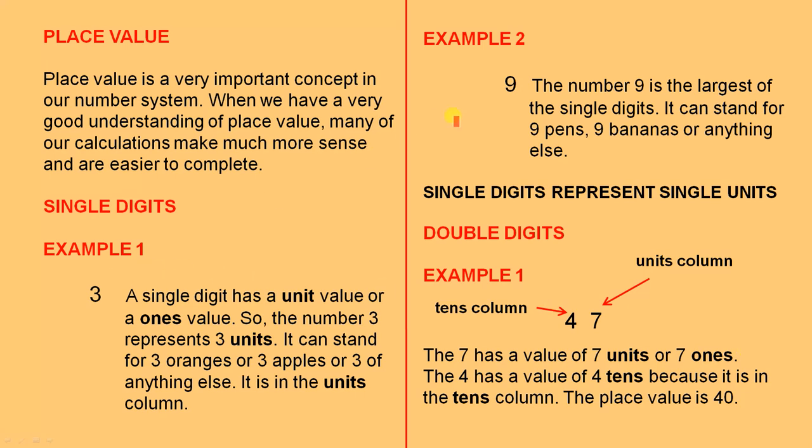That's the same as what we saw here. So that 7 is in the units column, and that's why it has a value of 7 units or 7 ones. The 4 has a value of 4 tens because it is in the tens column. So the place value is 40. Because it's in the tens column, 4 times 10 equals 40. So that 4 has a value of 40.